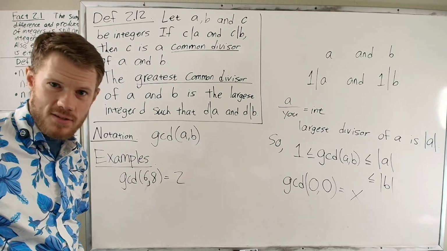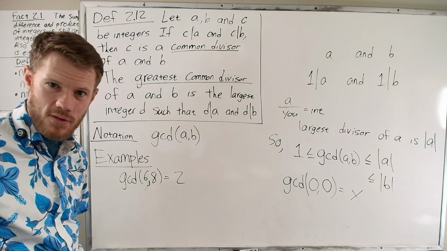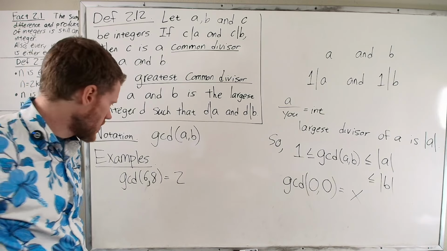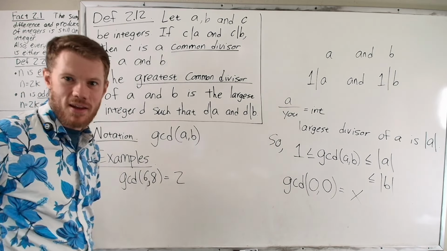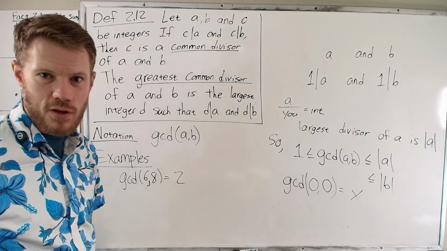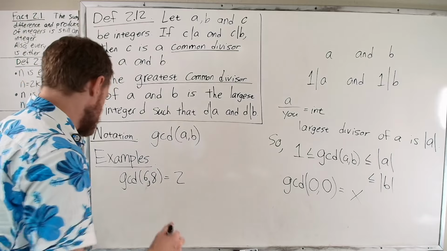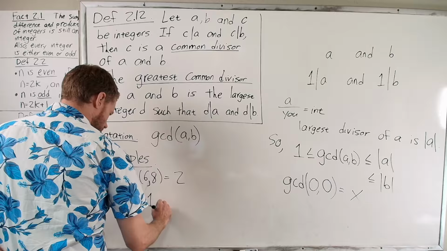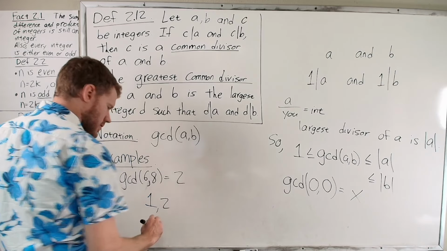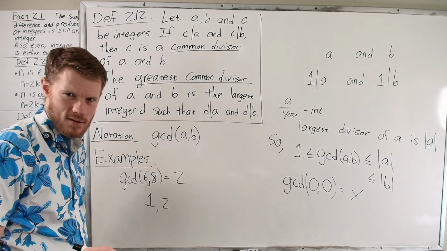Is there anything else that divides both of them? Well, there are other things that divide both of them, so let's think about that. What are all the things that divide both 6 and 8? Can you think of them? So 1 divides both of them. 2 divides both of them. Is that it?